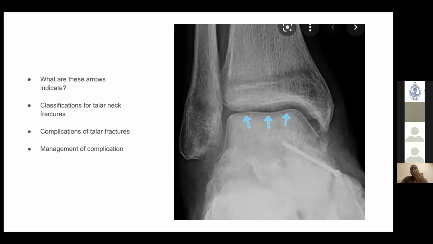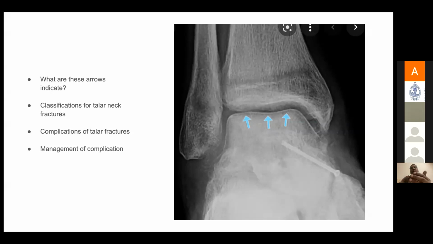So for the revascularization of the body of the talus, you need to know the blood supply and anatomy of the talus. It is a bone with about two-thirds covered by cartilage, and only in a few places do you have periosteum so that blood vessels can go into the bone.